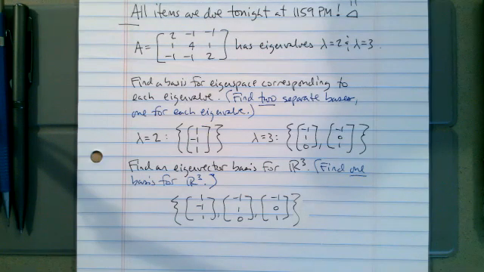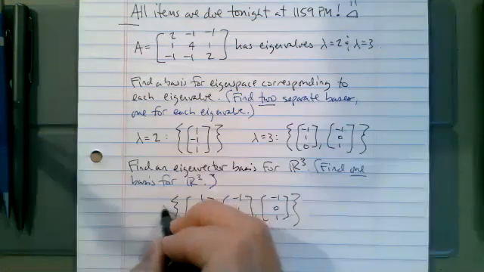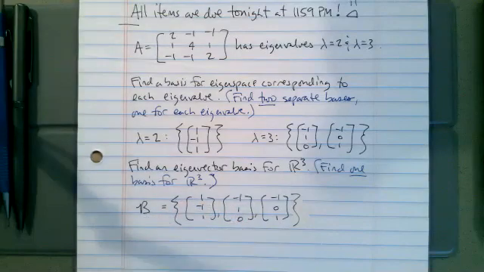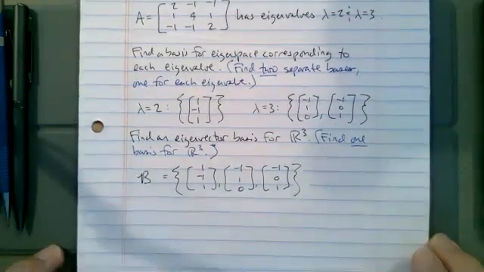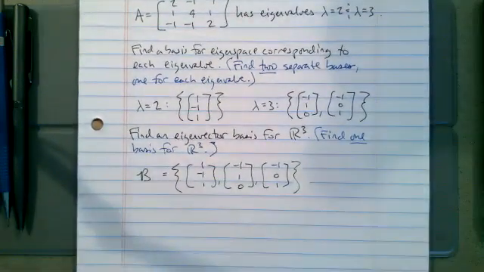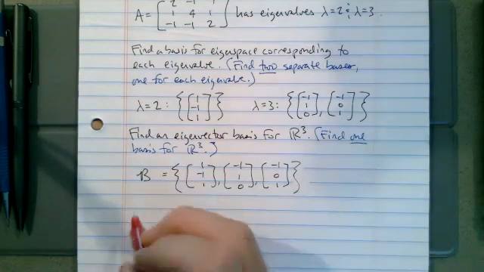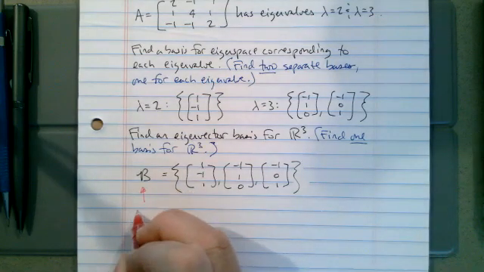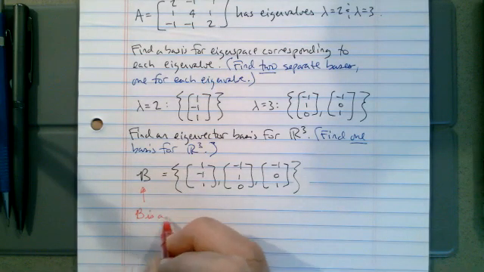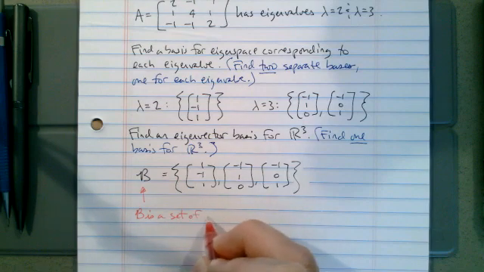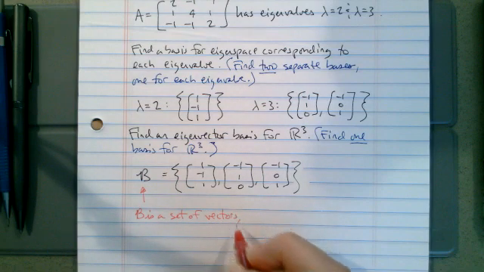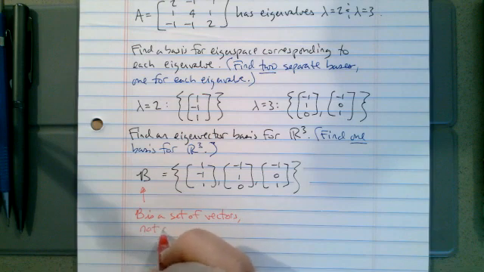Another thing to note is that if we name a basis, we have to note that B is a set of vectors and not a matrix.